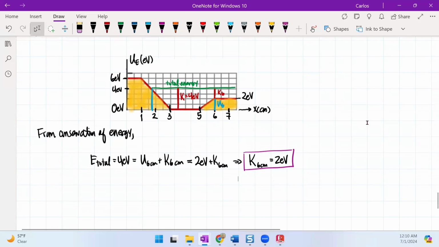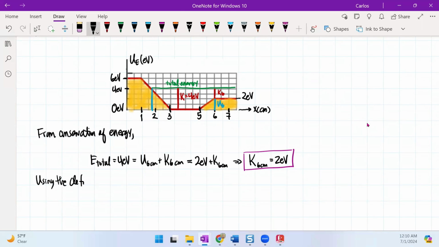Now we just use the definition of kinetic energy. We can then write that the kinetic energy at 6 centimeters must be 1/2 m times the proton velocity at 6 centimeters squared.